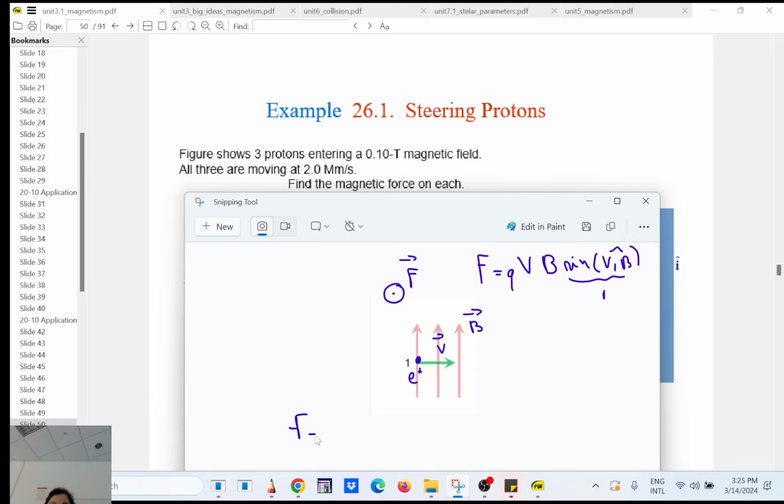So do you remember the charge of a proton? 1.6 times 10 to the negative 19, okay, times the velocity, which is 2 mega, so 10 to the 6, and the magnetic field is 0.1.